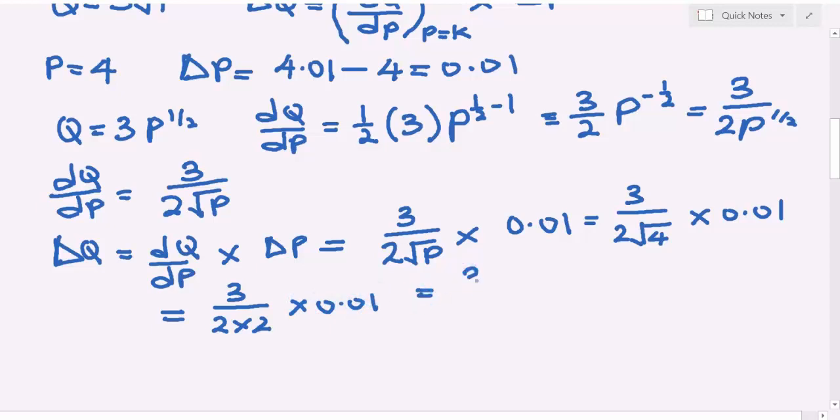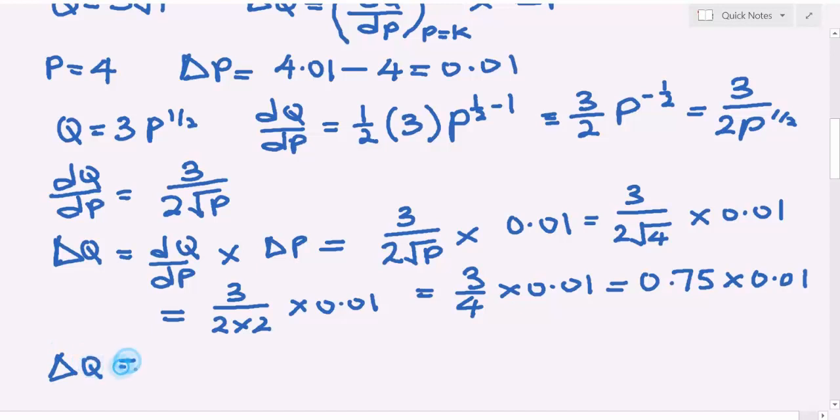This is 3 over 4 times 0.01, and this will give us 0.75 times 0.01. Our approximate change in q will give us 0.0075. This is our answer.